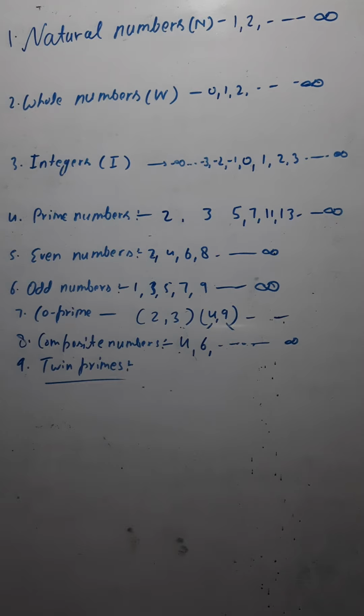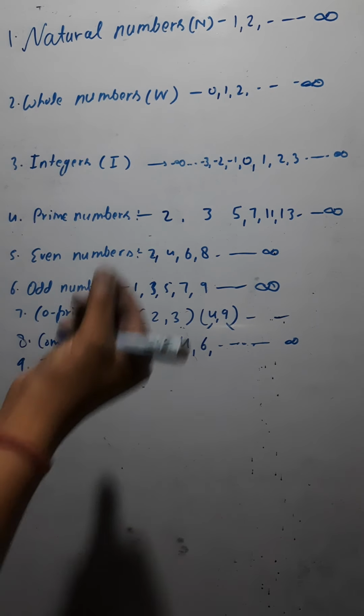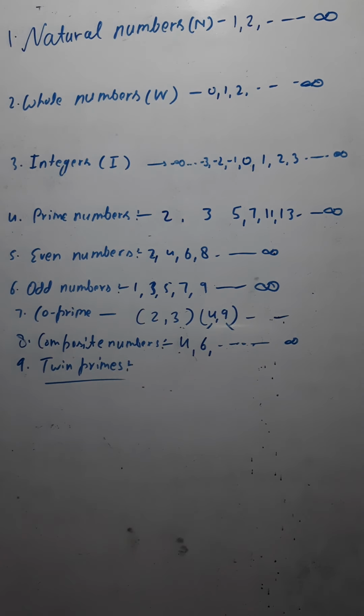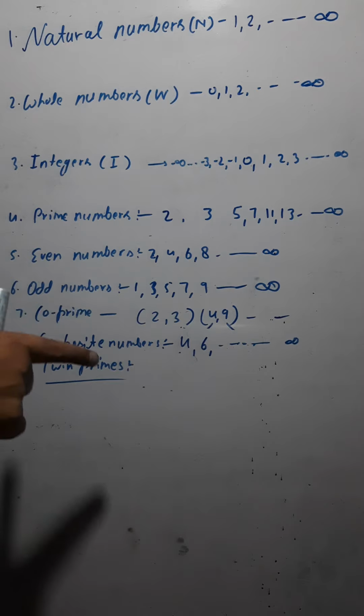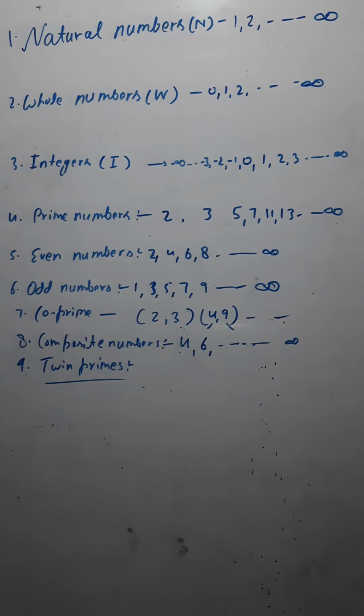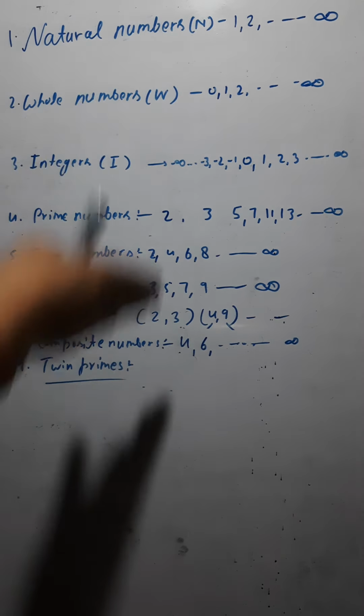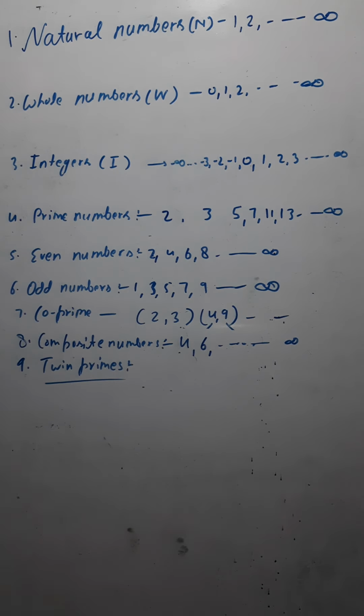Let me tell you again. Two consecutive prime numbers having one composite number between them would be termed as twin primes.